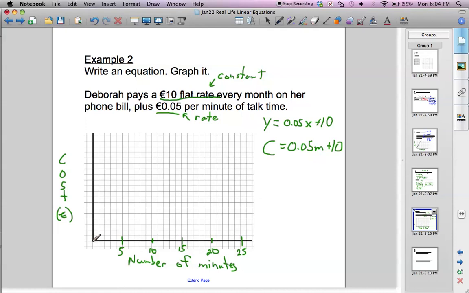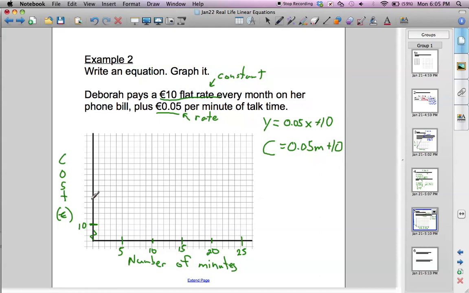So what I'm going to do is make a break here in the graph, and I'm going to start off at 10 down here. So I'm going to start off at $10. It's going to go up by 5 cents each time. So this is going to be 10.05, 10.10.